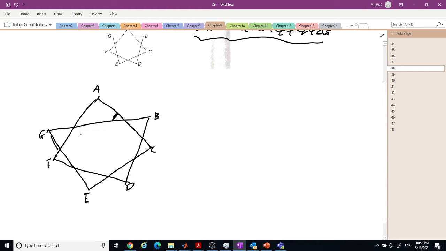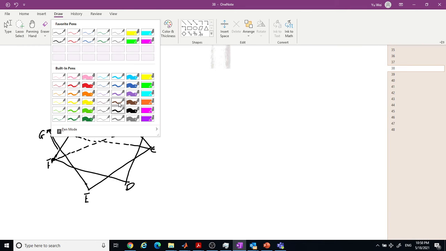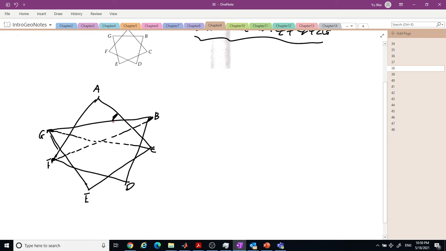Now let's see which triangle it is. We can construct some triangles too. Let's construct a triangle of this, and another triangle like this. Let me highlight one triangle. This one is the exterior angle of this triangle.